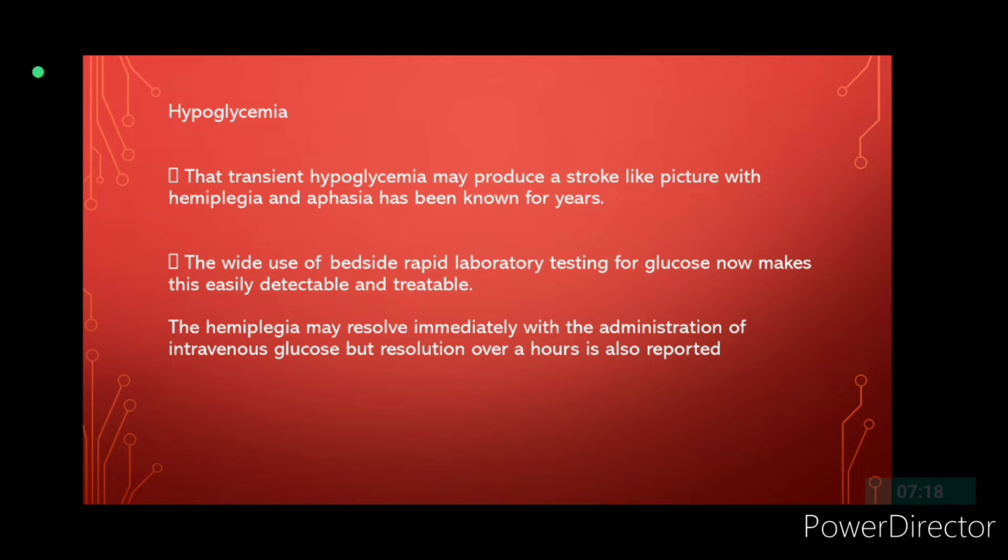Second point, the wide use of bedside rapid laboratory testing for glucose now makes this easily detectable and treatable. The hemiplegia may resolve immediately with the administration of intravenous glucose, but resolution over hours is also reported.